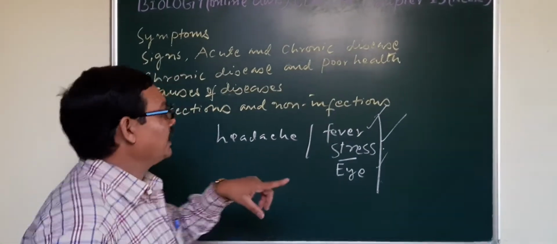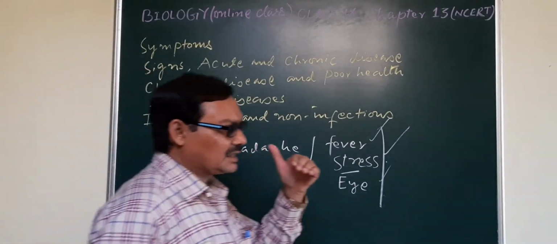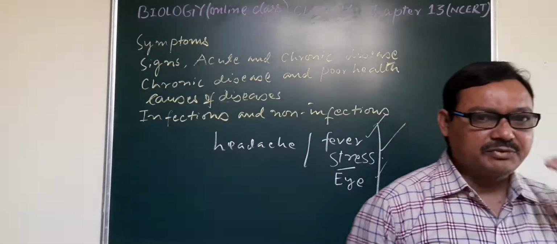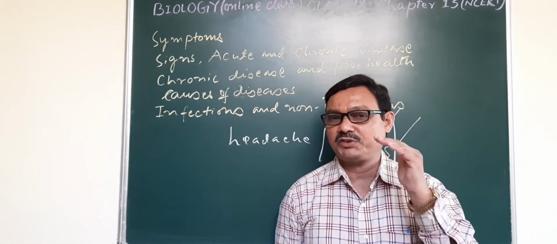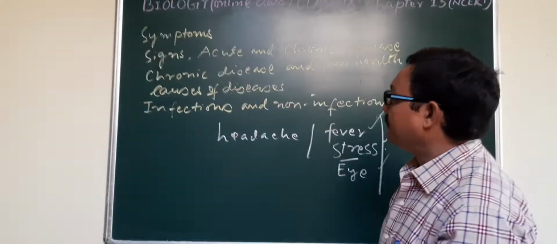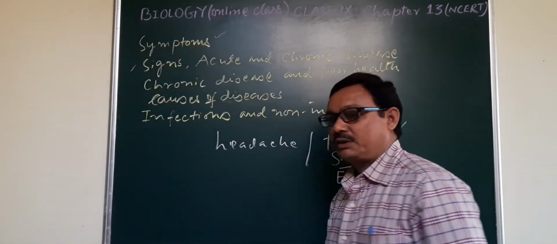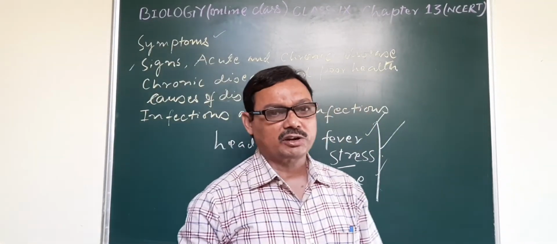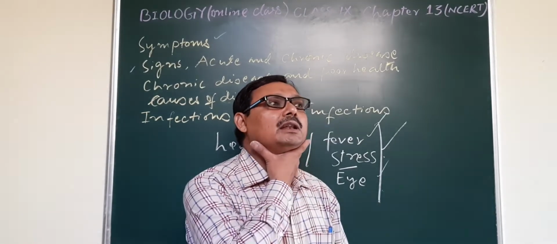That is why, after the symptom, there is a sign, which is a more definite indication of the presence of a disease. Furthermore, if from the symptoms and the signs the physician is unable to diagnose the disease, they may advise a lab test.